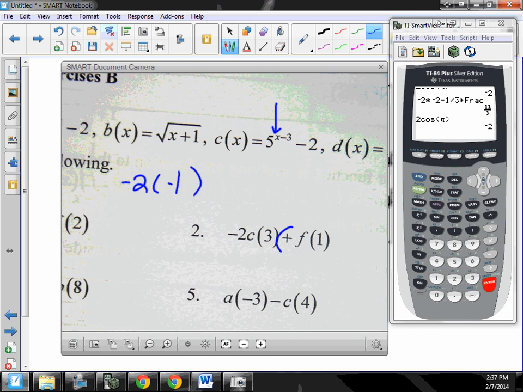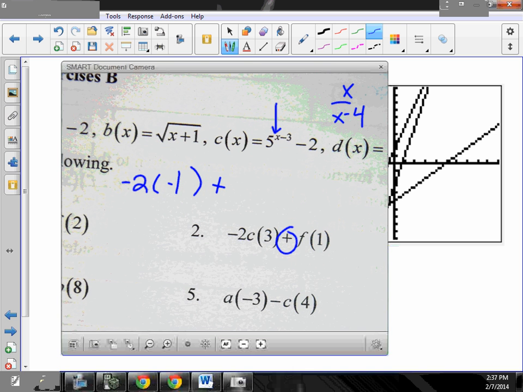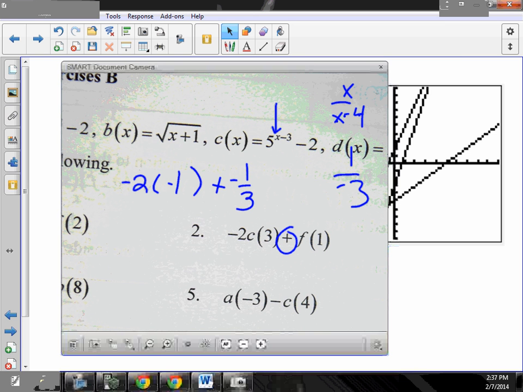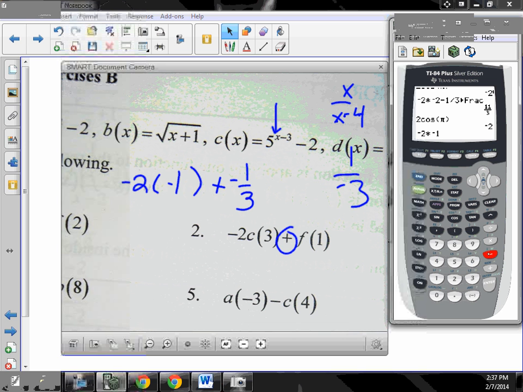And then we're going to add f of 1. So x over x minus 4, that's f. So I plug 1 in. 1 over 1 minus 4 is negative 1/3. So all I have to do in my calculator is negative 2 times negative 1 minus 1/3. And they probably want the fraction form.